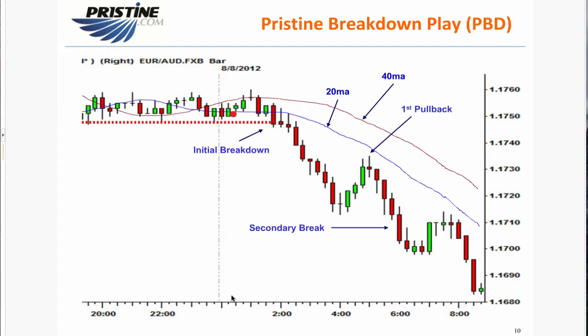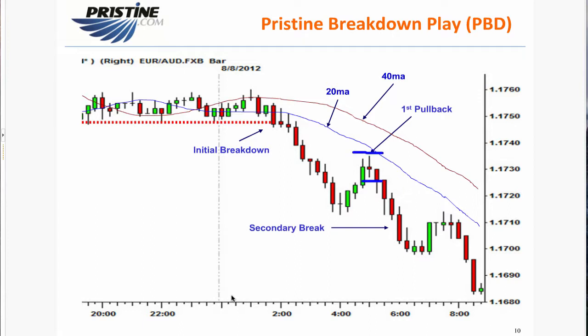And so this is what the expectation should look like. Right? Here's your initial breakdown. So you could have shorted that. Nice move lower. You then get your first pullback, your first retracement, and sell setup. Right? So again, you sell it short under the low, your stop goes over the high.